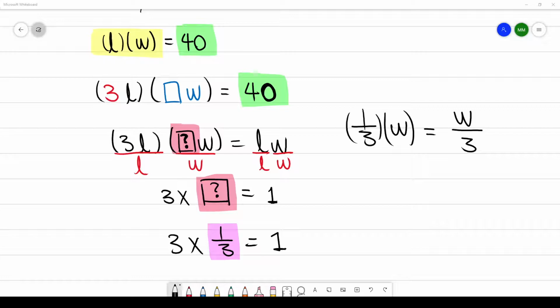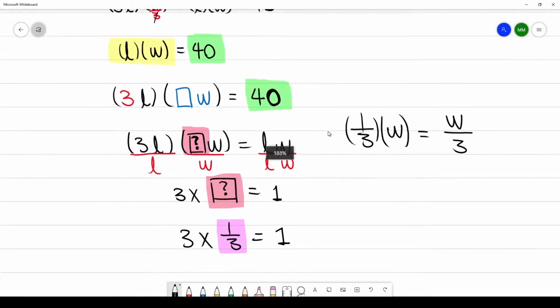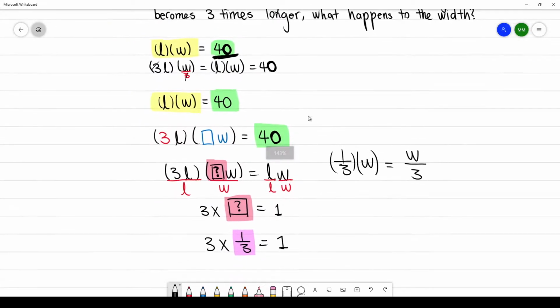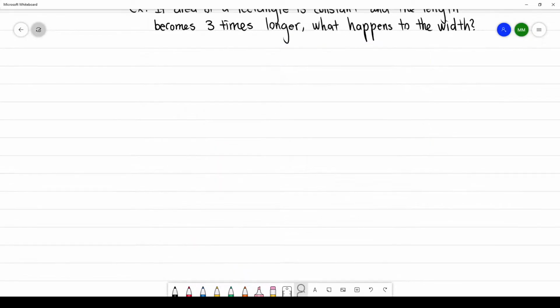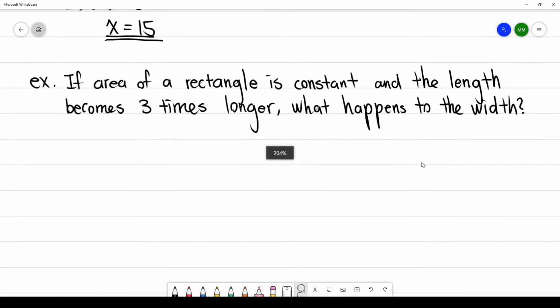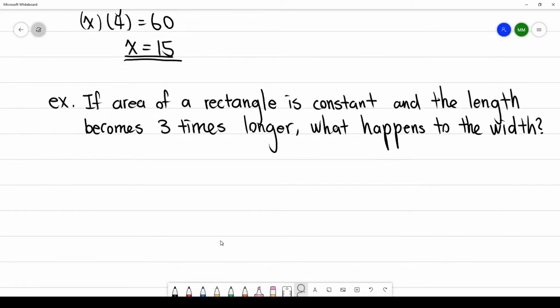Well, how about this? Let me show you another example, an example with numbers. So say the area of a rectangle is 60, okay?